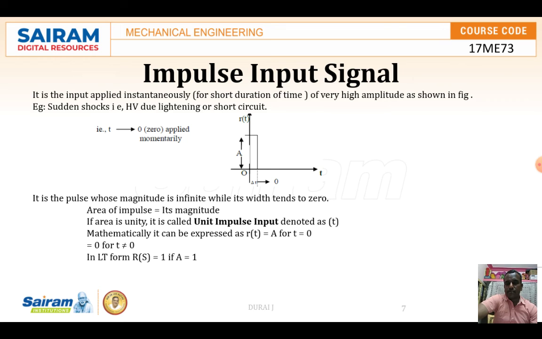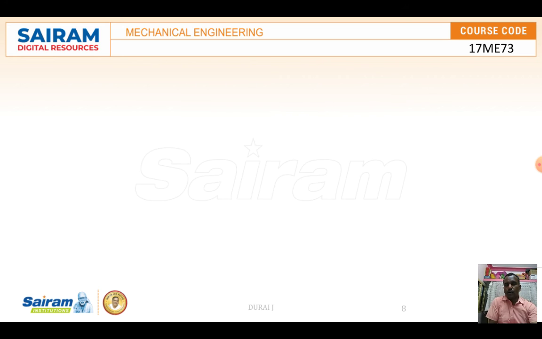If the area is unity, it is called a unit impulse, denoted as delta(t). Mathematically, r(t) = A for t equal to 0 and 0 for t not equal to 0. In Laplace transform, R(s) = 1 if A is equal to 1.